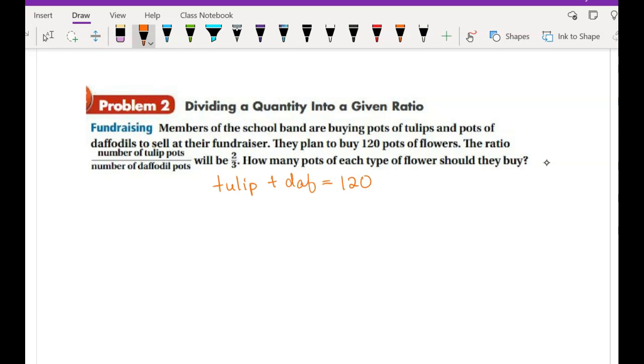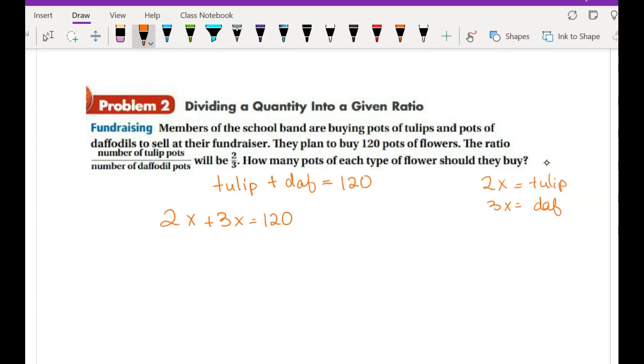So which number goes with tulips? 2, right? So I'm going to let 2x equal my tulips and 3x equal my daffodils. So now I can say 2x plus 3x is equal to 120.